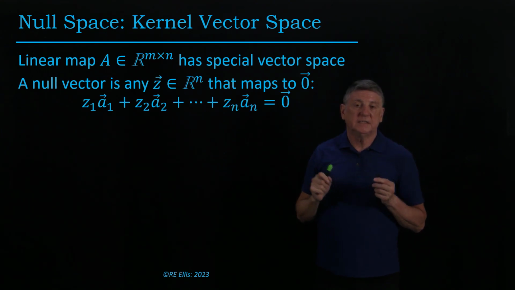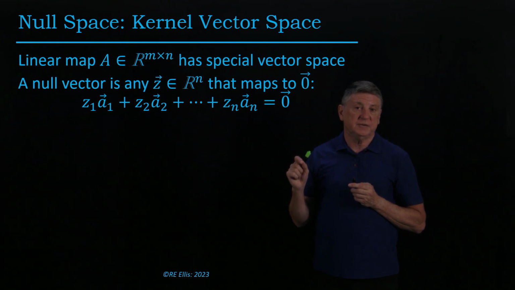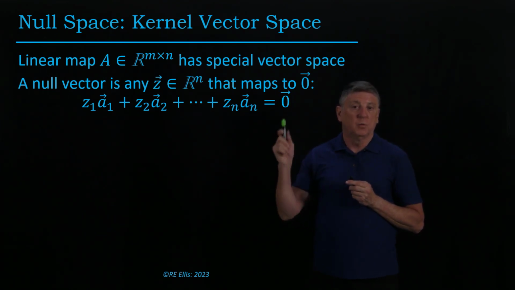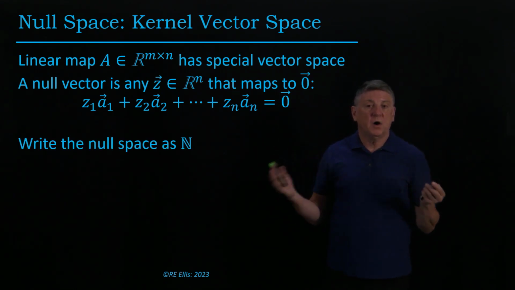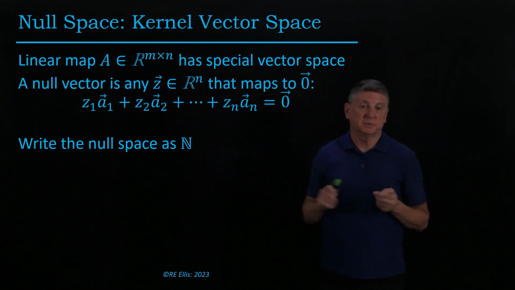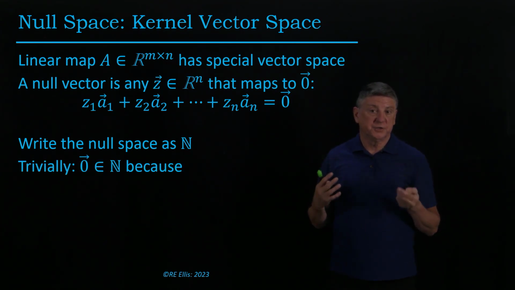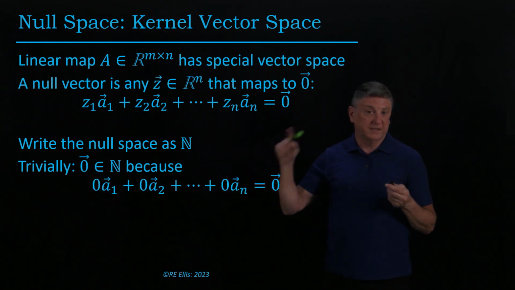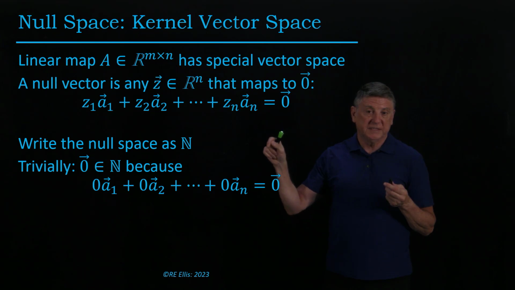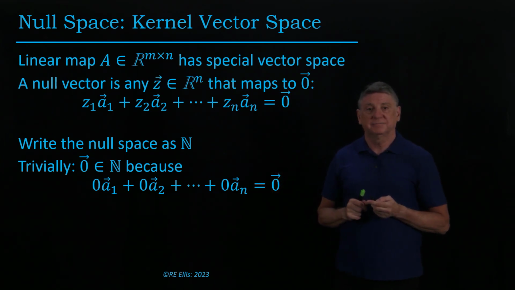And what that means is that if we use this vector z, if we use its entries as weights for the columns of A, what we get is the 0 vector. We often will write this null space using the script n. And trivially, the vector 0 is in this space, and that's because if we take the 0 vector and use its entries as weights in a linear combination, we always end up with a 0 vector.